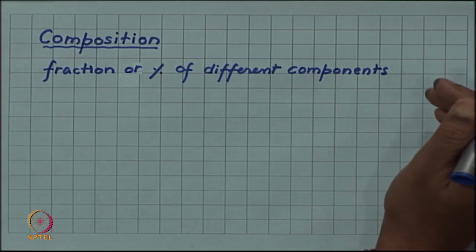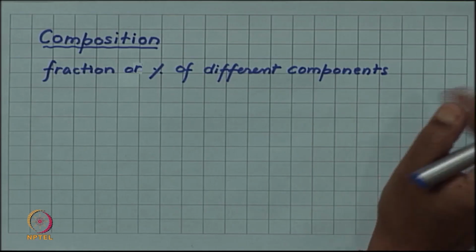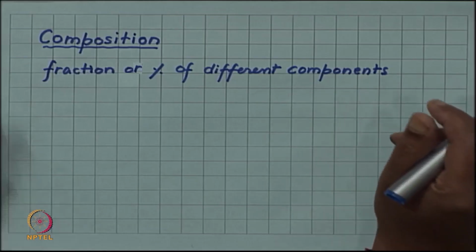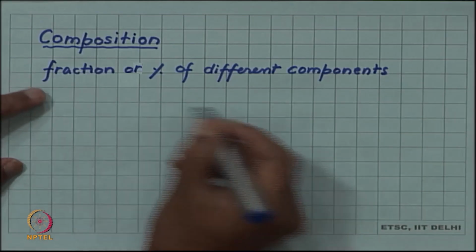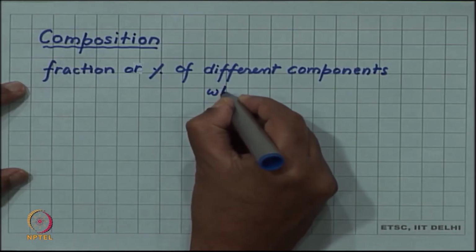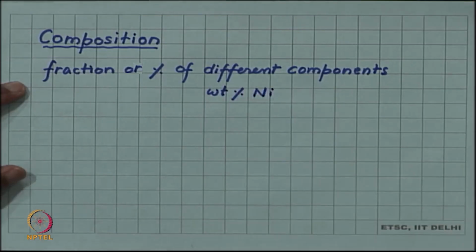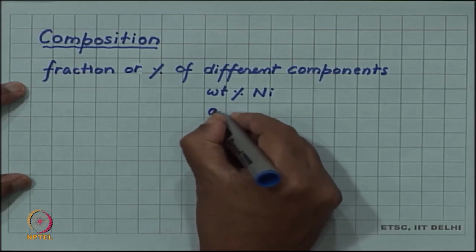You have already seen in the examples we were using the weight percent nickel as our composition axis. But fraction or percentage can be given either in weight percent as we were doing for the copper nickel diagram, or it can be given in atom percent also.